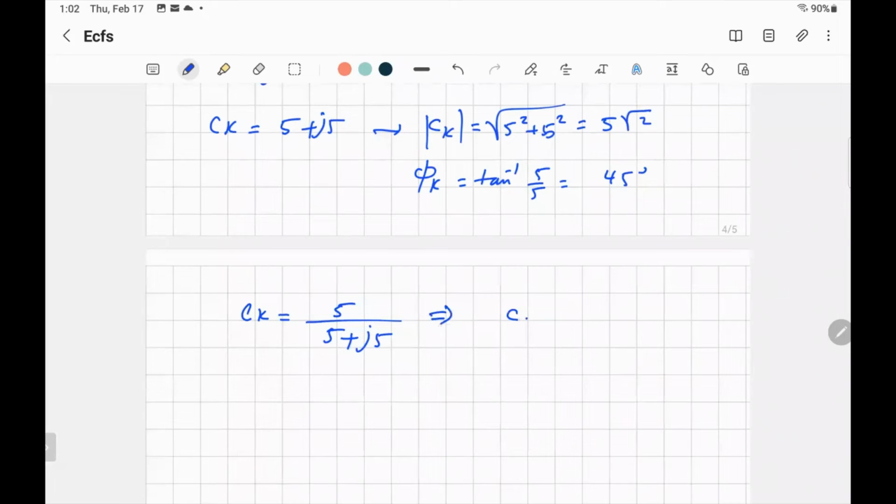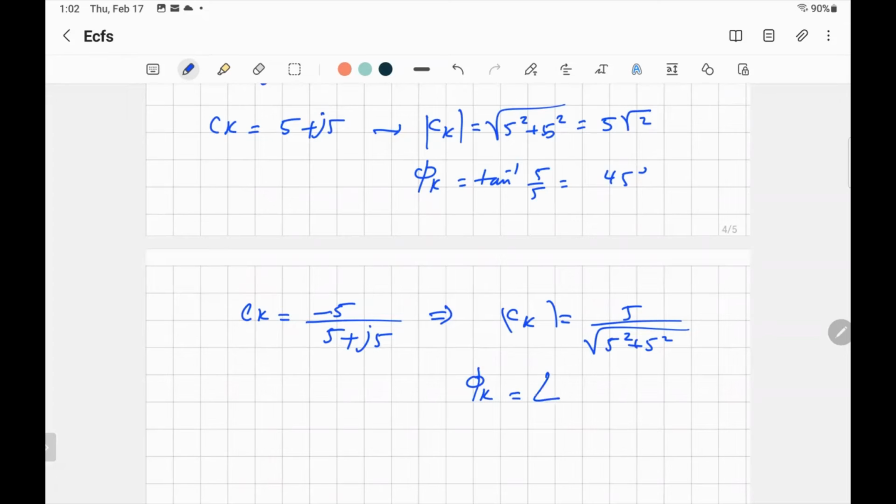The magnitude is easy. The magnitude of the top, negative 5, is 5, and the bottom's magnitude stays on the bottom. You don't square the j, only the number. If you want to find the phase, you say the angle of the top minus the angle of the bottom.